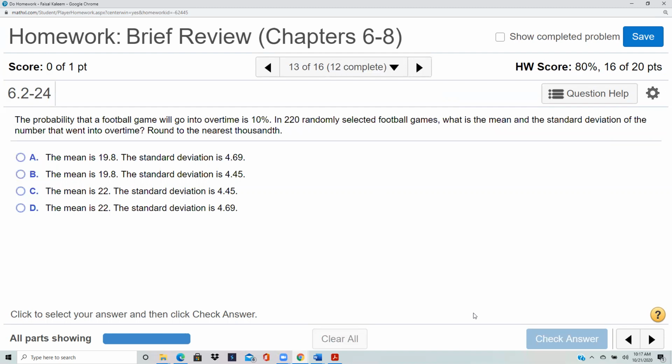The probability that a football game will go into overtime is 10%. In 220 randomly selected football games, what's the mean and standard deviation? Okay. So first of all, do you recognize what this distribution is?